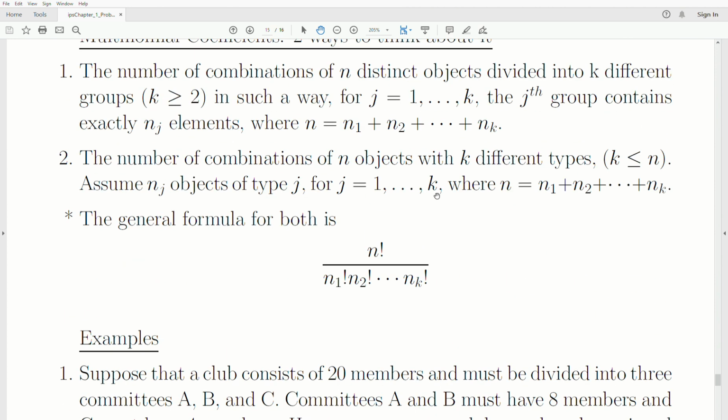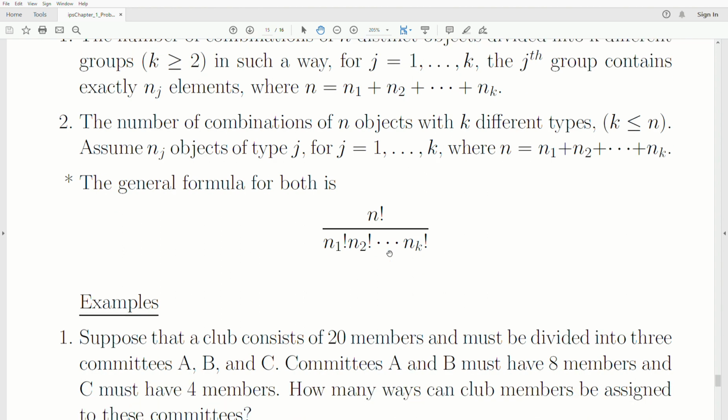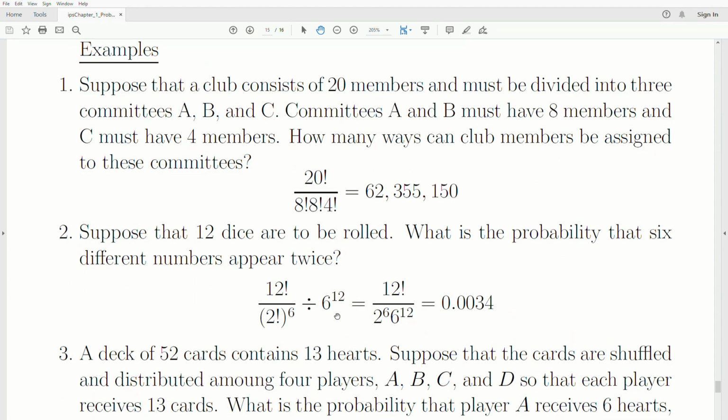There's 6 different types, and so here, since we want probability, we're going to look at the number of ways to roll 12 dice and have 2 numbers of each. So 2 1s, 2 2s, 2 3s, all the way to 2 6s. And then we're going to divide it by the total number of ways to roll 12 dice.